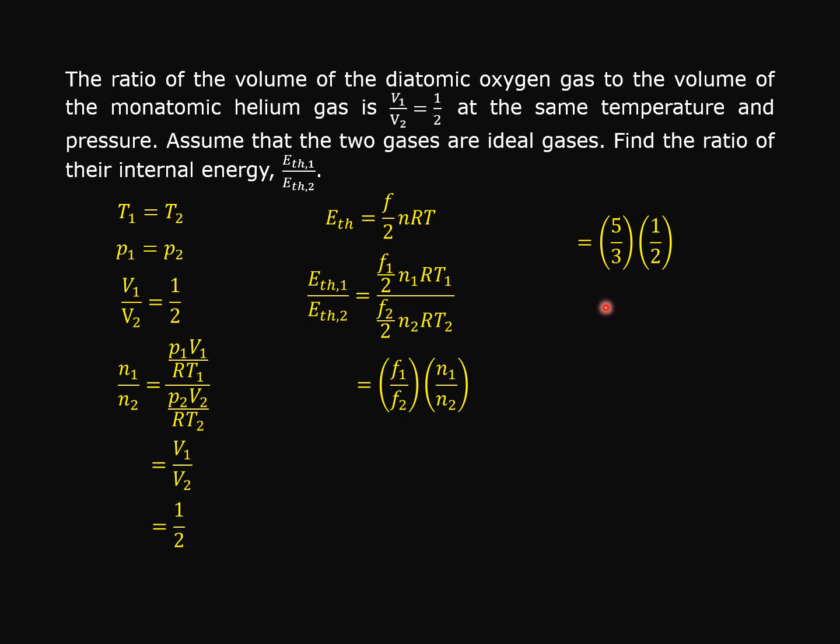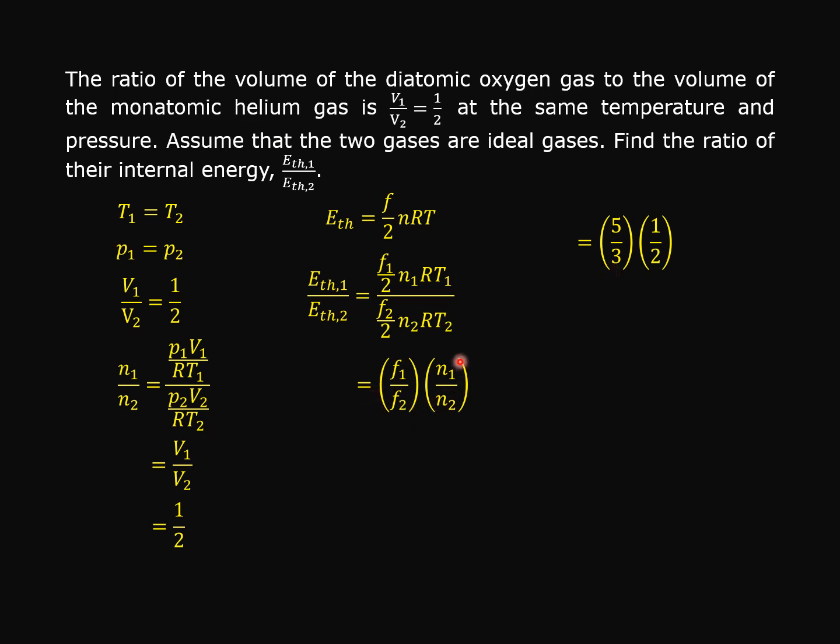As mentioned just now, f is the degrees of freedom for the gas. Since oxygen is a diatomic gas, the degrees of freedom for a diatomic gas is 5. And helium is a monatomic gas, so the degrees of freedom is 3.